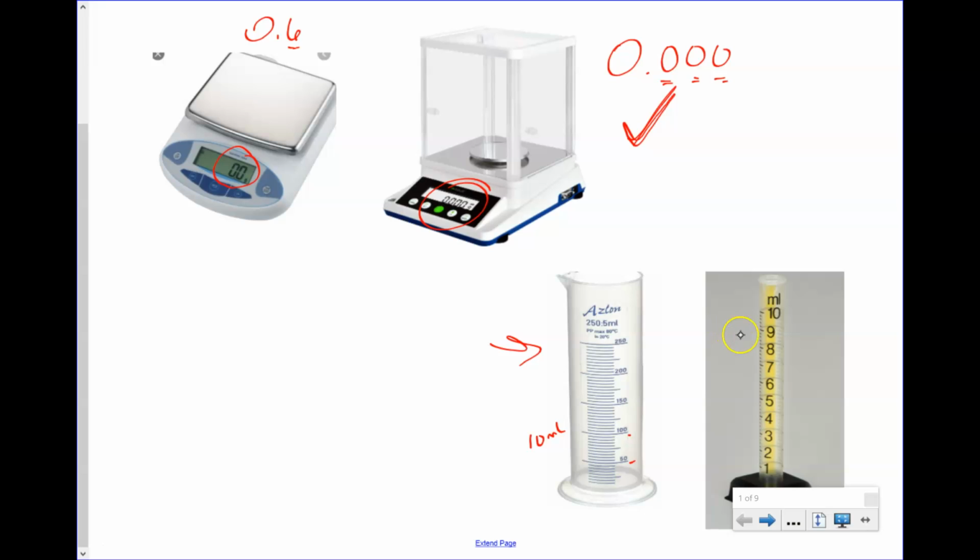Whereas the smaller graduated cylinder holds 10 milliliters in total. Each one of these increments is 1 milliliter, but then there are even smaller units in there that measure to 2/10ths of a milliliter. So between these two instruments, which one is going to be more precise? It's going to be the smaller graduated cylinder because it's got a more precise digit. So these decimal points and these numbers, all of these digits play into significant figures.